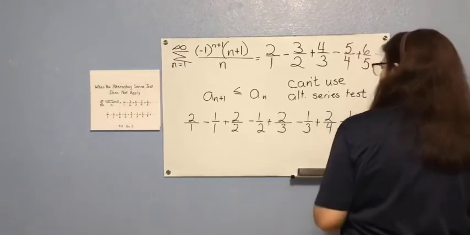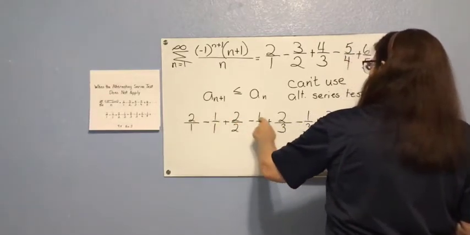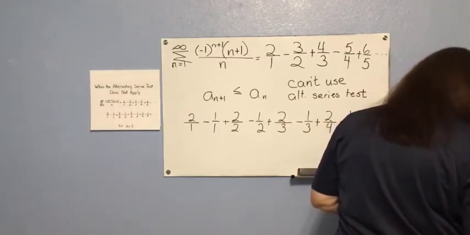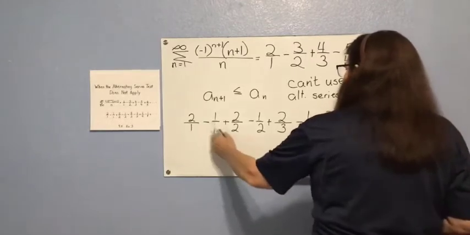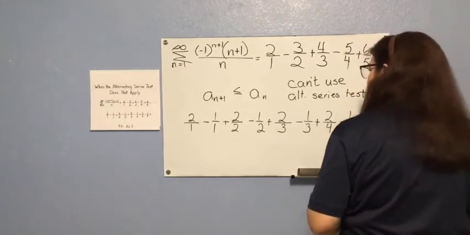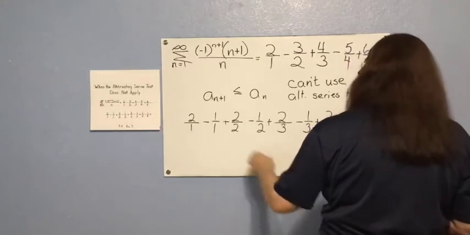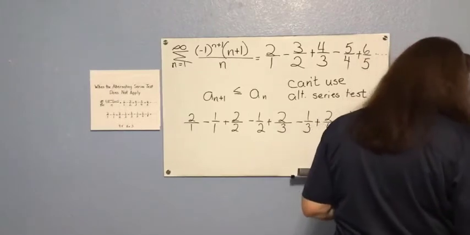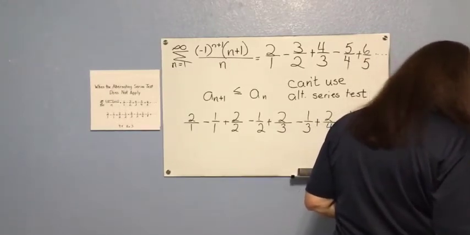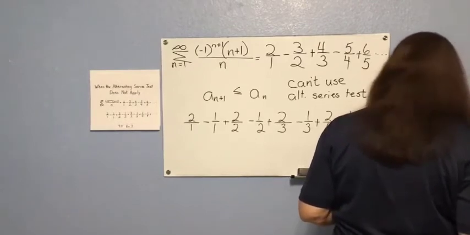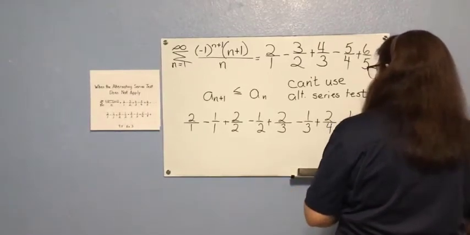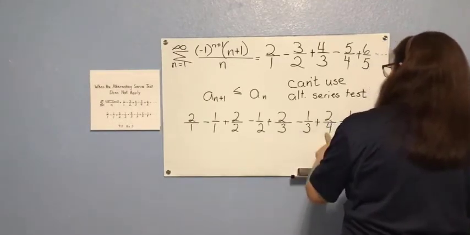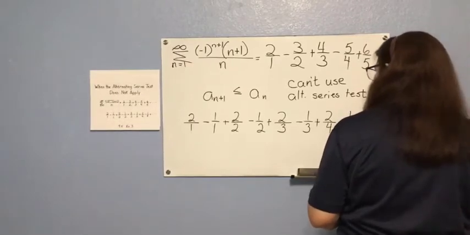So the denominator repeats once and the numerator is just 2, 1, 2, 1, 2, 1, 2, 1. Okay, now this meets the first condition because as n goes to infinity, this goes to 0. Okay, but I don't meet my second condition, which is that every term is less than the one before it. Okay, clearly 2/3 is greater than 1/2, 2/4 is greater than 1/3, and so on.